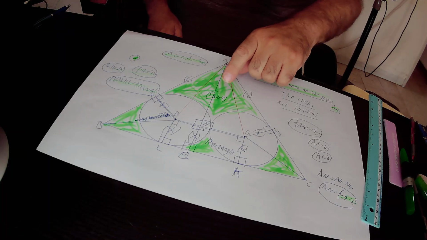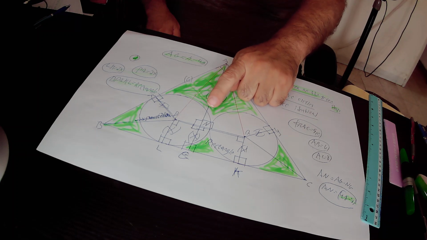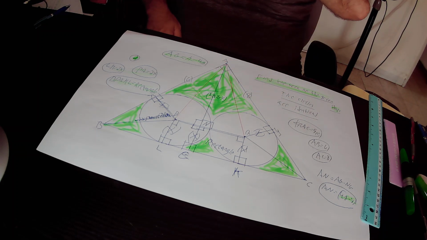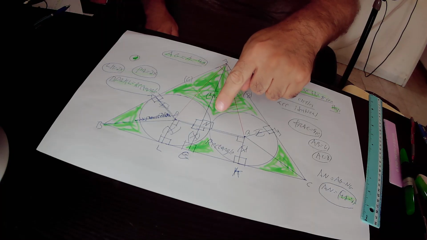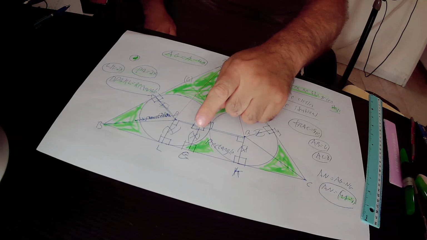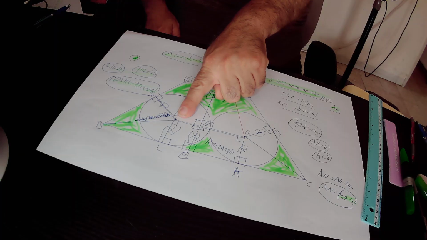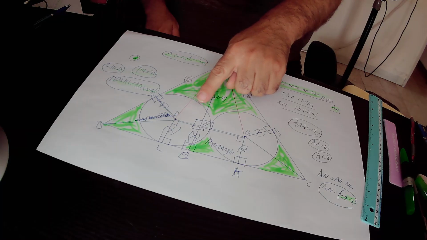By doing this construction, we created the small quadrangle PNGL. Inside the small quadrangle PNGL, we have 1, 2, 3 right angles. We found out that this is a right angle because the big quadrangle is a rectangle.